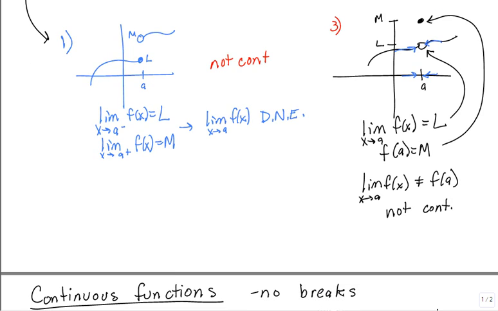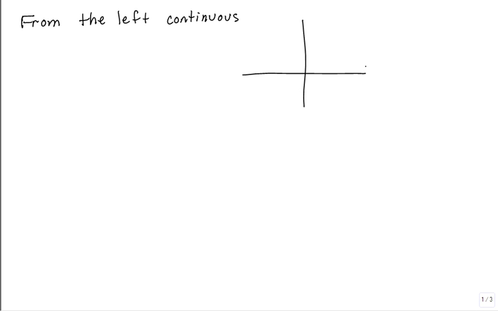Alright, so when you have to prove something's continuous, you have to go through those 3 steps. Also, if you want to show that it's continuous from the left, let's just do it simple.